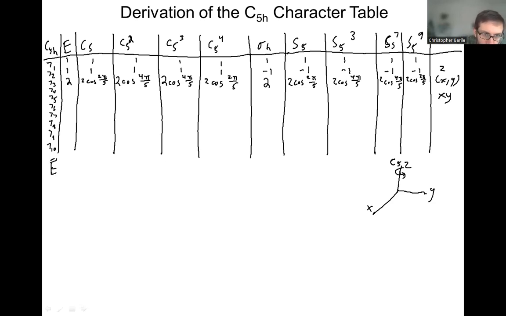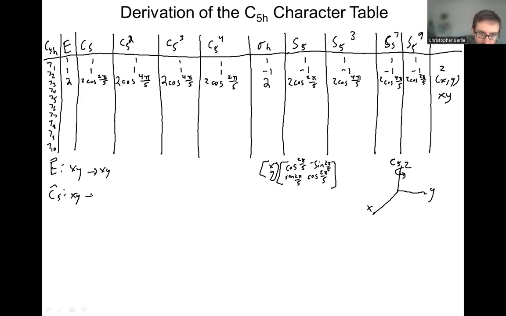And so, of course, if we do an identity on xy, we go to xy. If we do a C5 on xy, we have to think about how x transforms and how y transforms. So we do cosine 2 pi over 5, minus sine 2 pi over 5, and sine 2 pi over 5, cosine 2 pi over 5. That's how x and y transform, right? Let's write that out here.